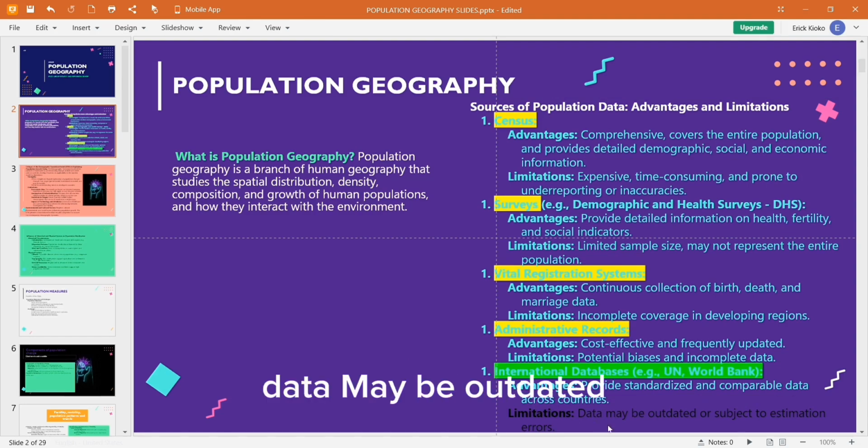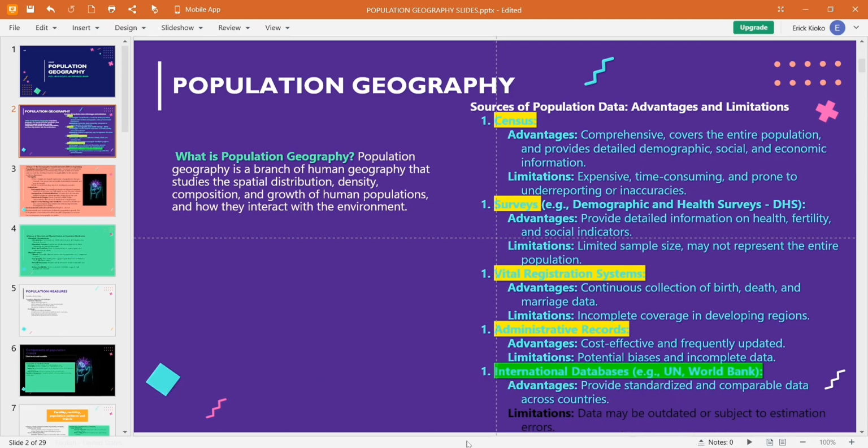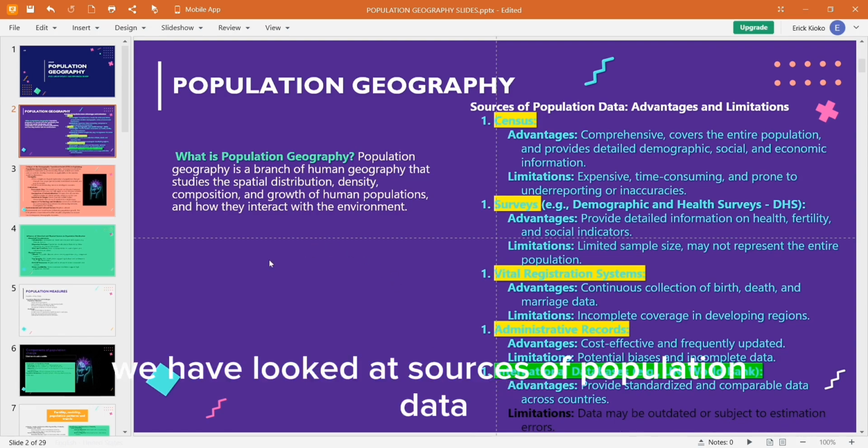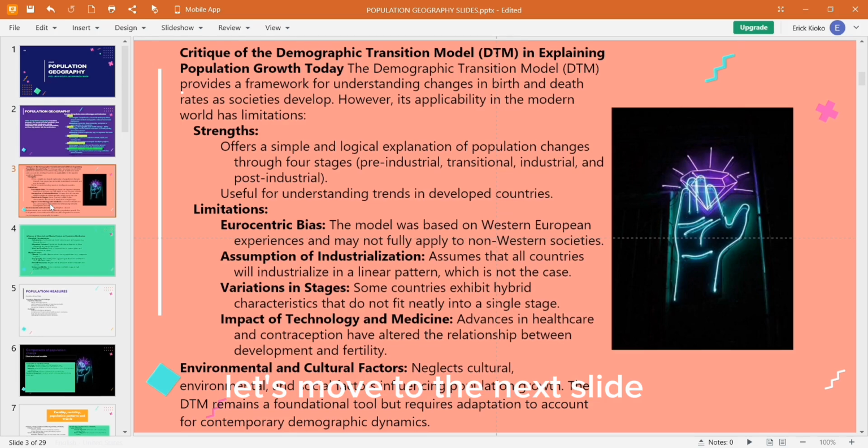Limitations: data may be outdated or subject to estimation and errors. So, a quick recap: we have looked at sources of population data. We have census, surveys, vital registration systems, administrative records, and international databases, for example, the UN and World Bank. Let's move to the next slide.